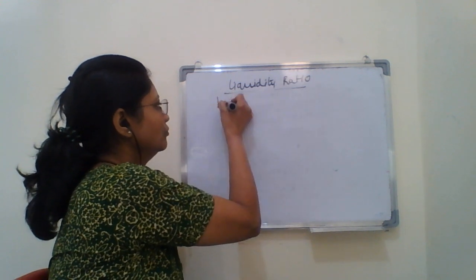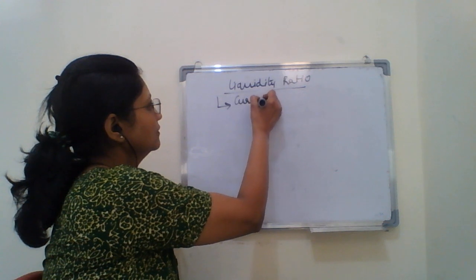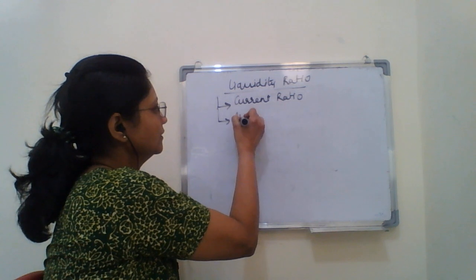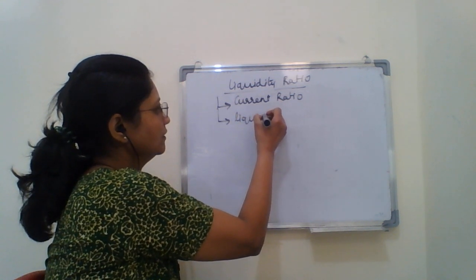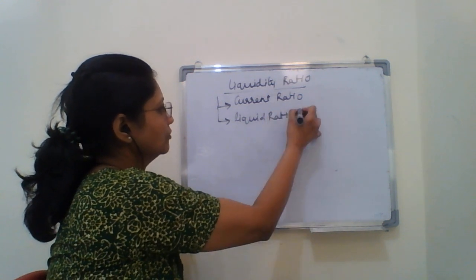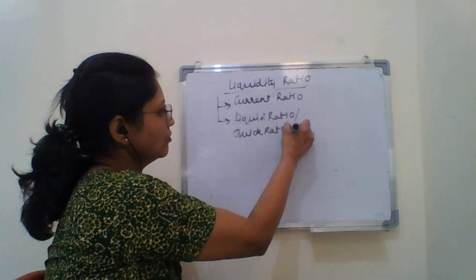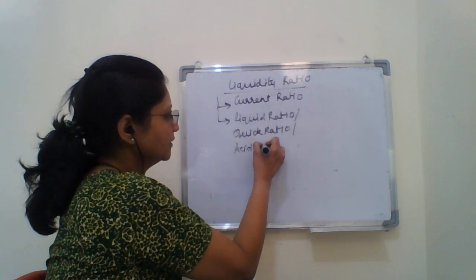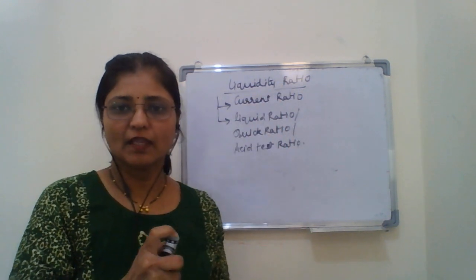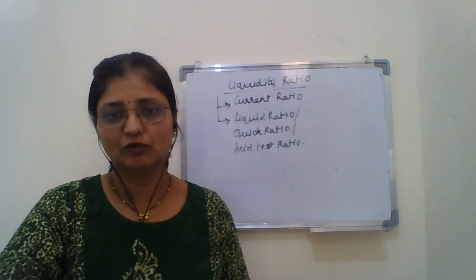In liquidity ratios, there are two ratios: the current ratio and the liquid ratio, which is also called the quick ratio or acid test ratio. These are the two liquidity or short term solvency ratios.